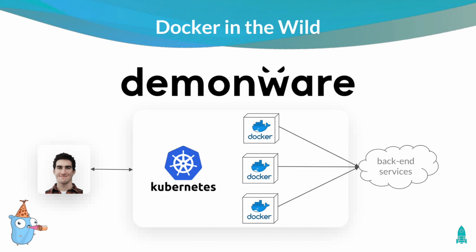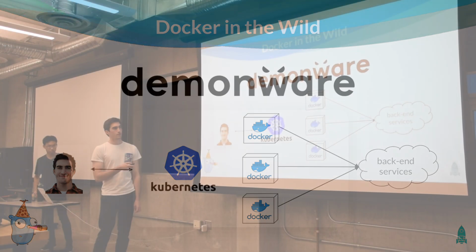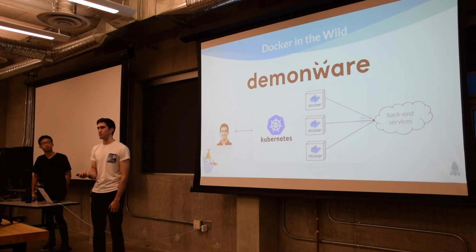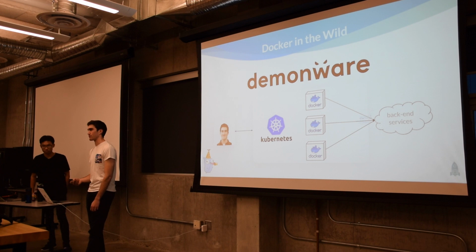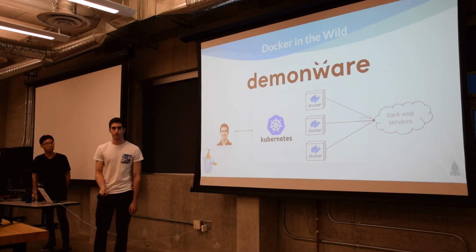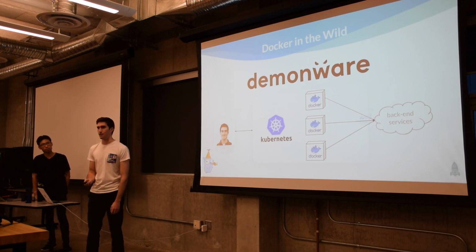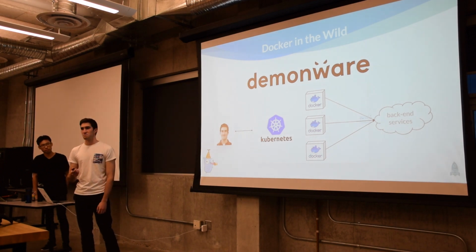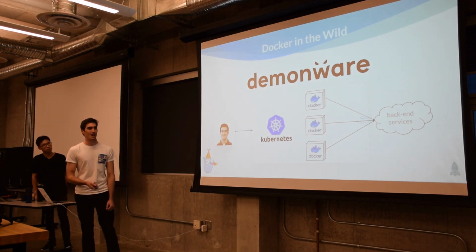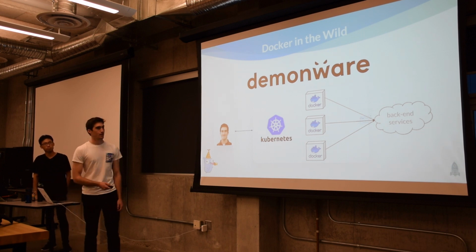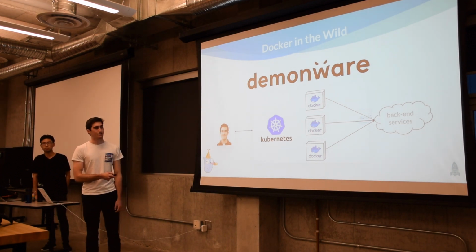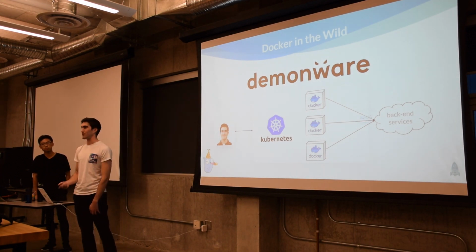And so at Demonware, we made tools that we used for load testing our services. For example, for Call of Duty Black Ops 4, our services needed to be able to withstand all the traffic for that game. We were looking at millions of concurrent users, and at peak game time, maybe 2,000 to 4,000 logons per second. So we needed to test our services to make sure that they're ready to handle all this load.